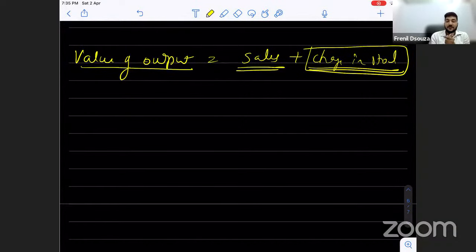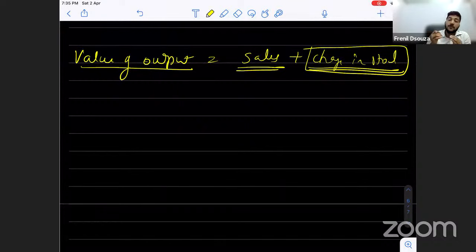In the examination, usually all this data will be spoon fed and given to you, right? You pick up any previous question paper where they have asked value added method, they have given it as a very simple problem. They will give you the value of output of a primary sector minus the intermediate consumption, value of output of a secondary sector and its intermediate consumption, and tertiary sector and its intermediate consumption.